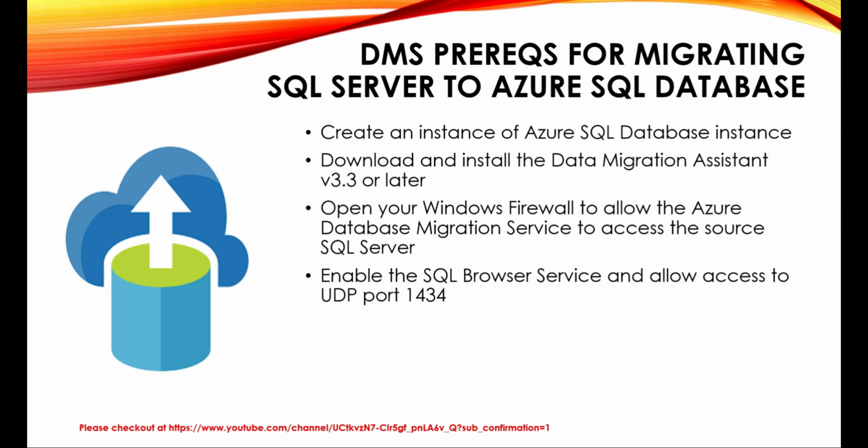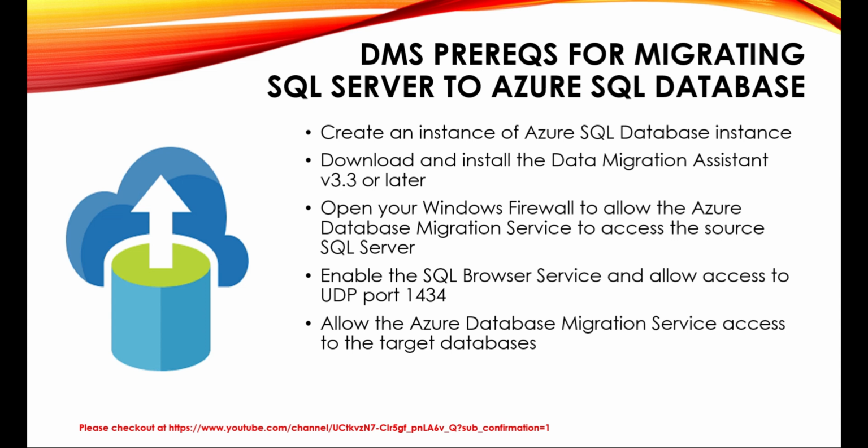And if you're running multiple SQL Server instances using dynamic ports, then you may wish to enable the SQL Browser service and allow access to UDP port 1434 through your firewall, so that Azure Database Migration Service may connect to the named instance on your source server.